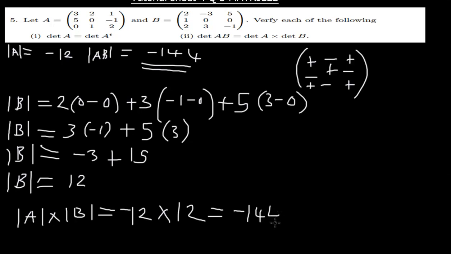But we know this negative 144 is just the determinant of AB, which is equal to the determinant of AB. You can even write down there, hence verified.